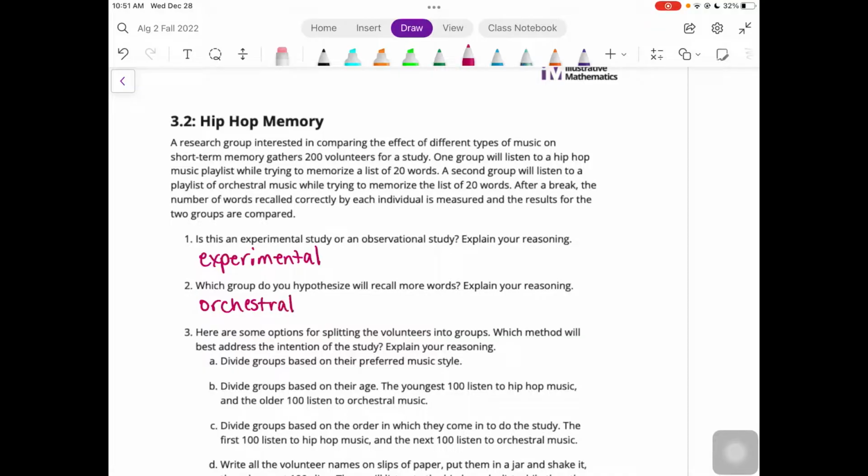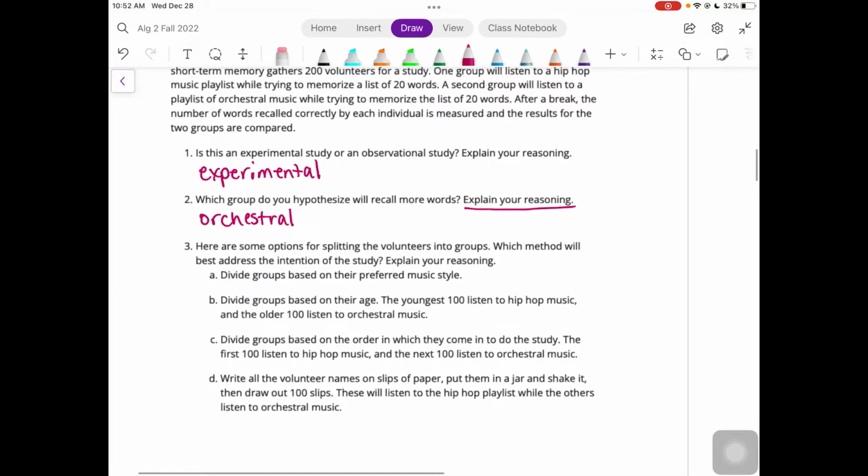But I would say orchestral because there are no words, and so the person could really focus on the words they're trying to memorize and not be distracted by the words in the music. As long as you can explain your reasoning and it makes sense, there is no wrong answer or right answer. Just make sure you explain your reasoning.